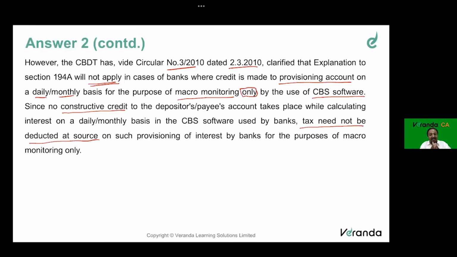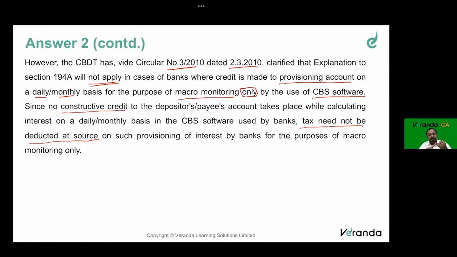Effectively, you are not booking the interest into the account holders' accounts. You are also not properly calculating. Whatever you are calculating is only a provision. It's not even the real calculation which has to go to the account holder. In such a case, the circular says need not deduct TDS.